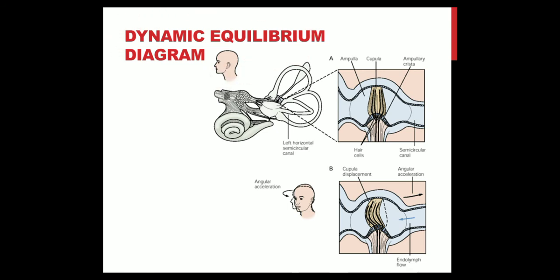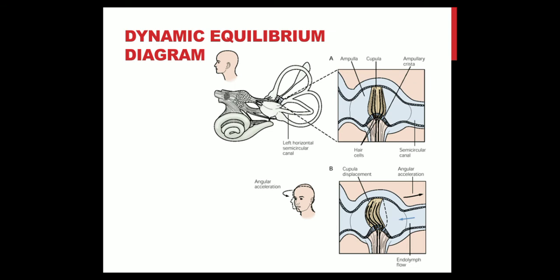The endolymph of the ear also moves in the same direction, and this moving, flowing endolymph will stimulate the macula, which sends this information to the brain, and the brain understands in which direction the head or body is moving. This is a very important concept.